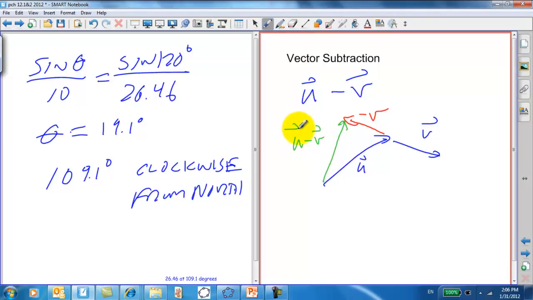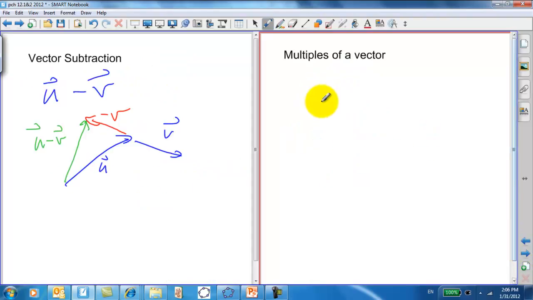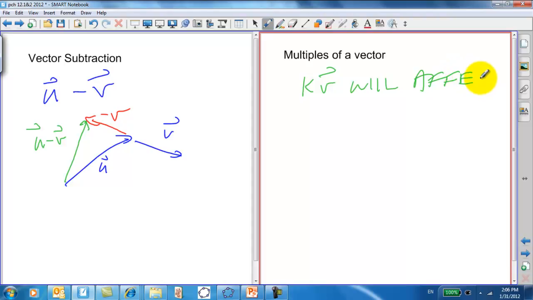A little trickier concept. You don't just add them end to end. You have to think of what the opposite of vector V is. And multiples of a vector, we talked about that. KV will affect what? What do you affect in a vector when you multiply it by a scalar?